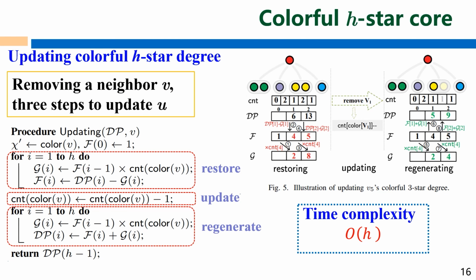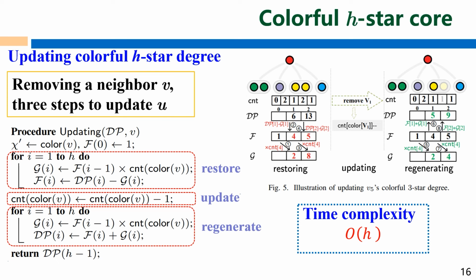The proposed updating technique consists of 3 steps: restoring, updating, and regenerating. In the restoring step, our algorithm restores F_i and G_i on the basis of DP_i. In the second step, the updating algorithm updates the color group of these labels.